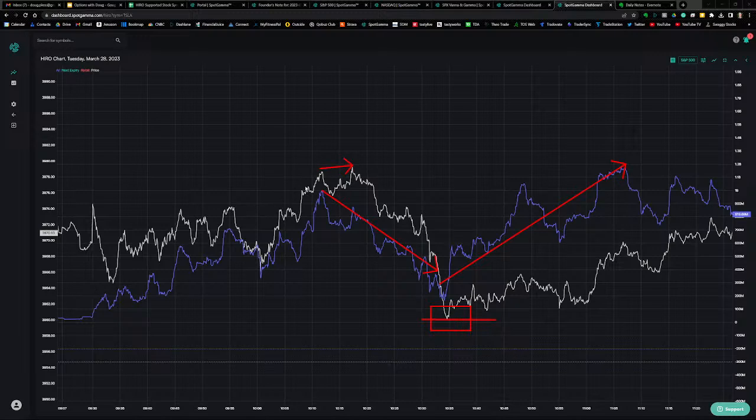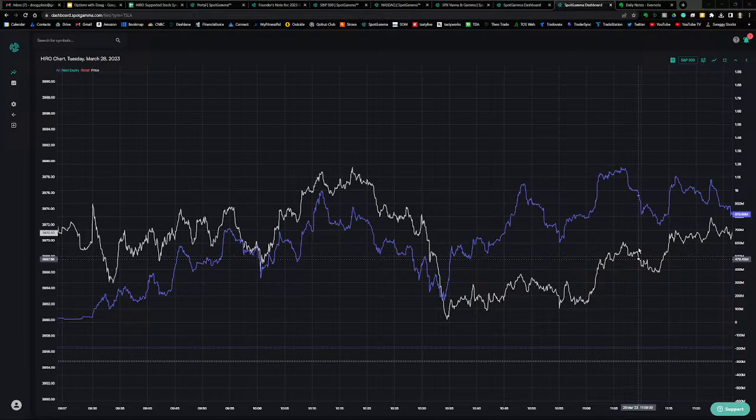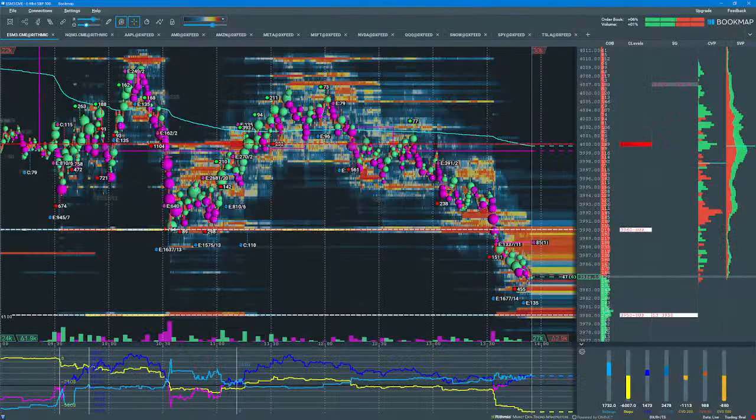So confirmation long, divergent short, and then really a confirmation long. Yeah, RJ, I will take a look at that in just a minute. That may change the zoom of this chart, so I want to keep it here while we look at Bookmap, and then I'll come back and change.